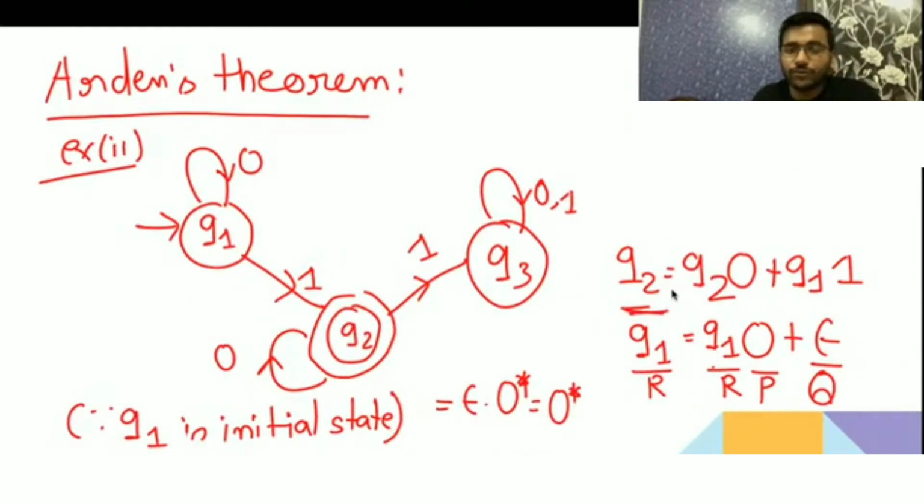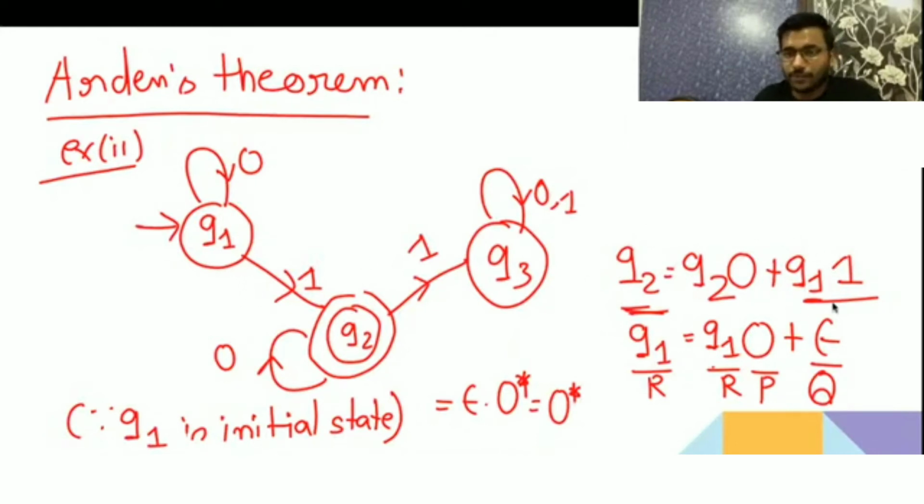So for Q2 we find the equation first. Q2 is equal to Q2 0 plus Q1 1, because by getting 0 we can reach Q2 from Q2, and from Q1 by getting 1 we can reach Q2. We want the regular expression of Q2, and for that we need Q1.